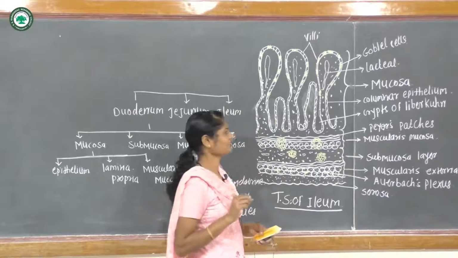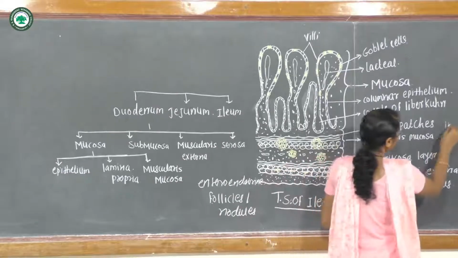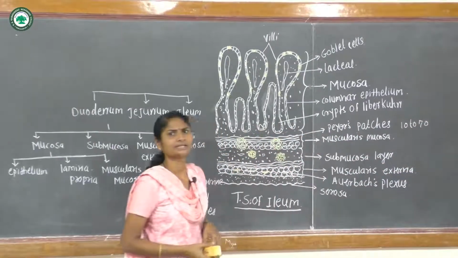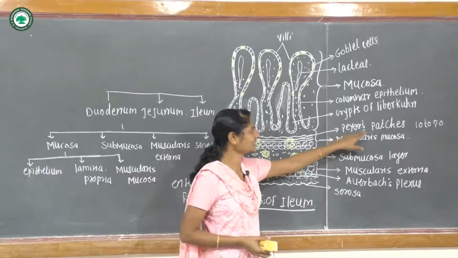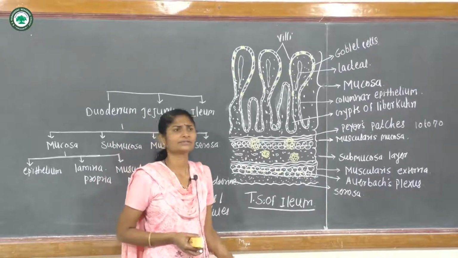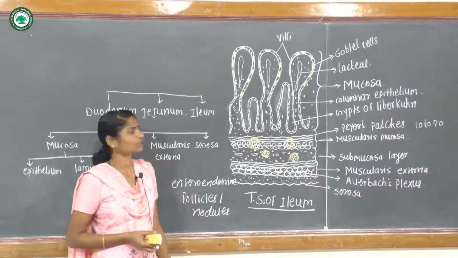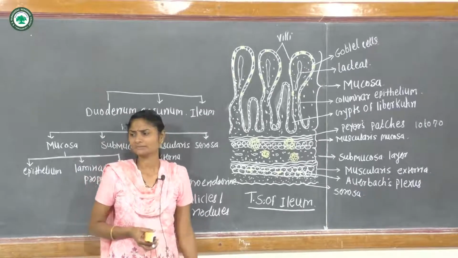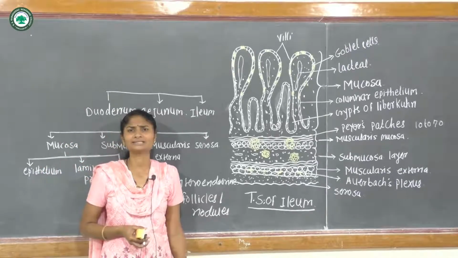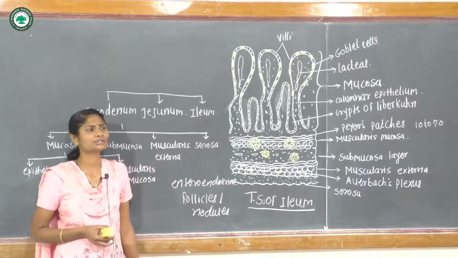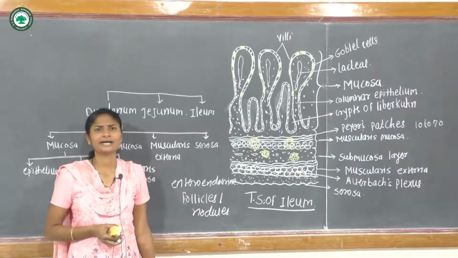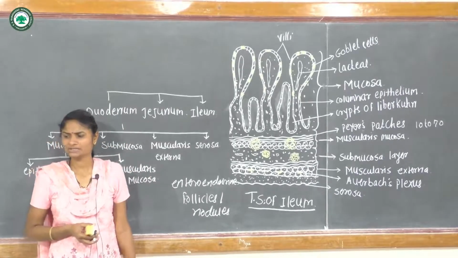In each Peyer's patch, 10 to 70 lymph follicles or nodules are present. These Peyer's patches are most prominent in children. The tissue undergoes regression in the adult and in older age.